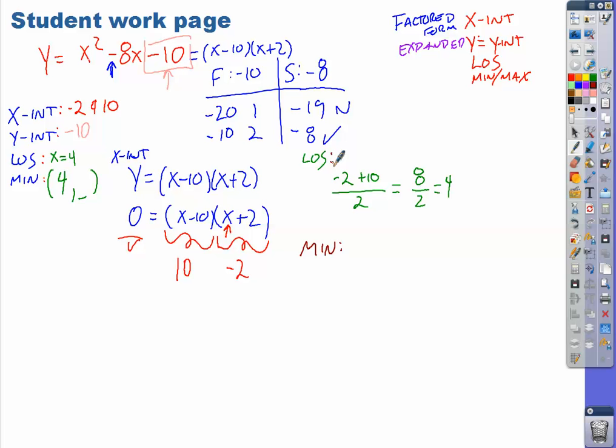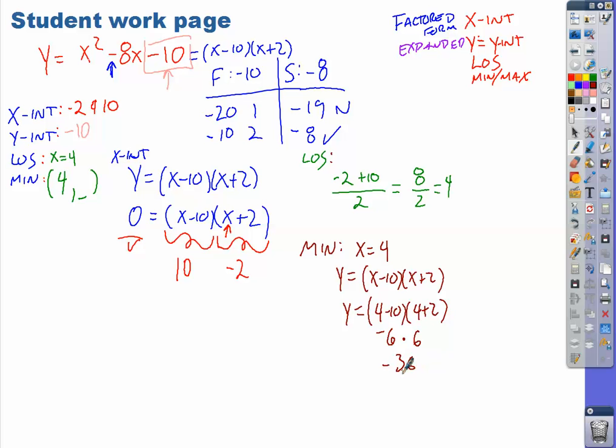So I'm going to say x is going to equal 4, which is my line of symmetry. I'm going to use my factored form equation of y is equal to x minus 10 times x plus 2. So let's plug in this for x. y is equal to 4 minus 10 times 4 plus 2, 6. So I get negative 6 times 6. Negative 6 times 6 is negative 36.